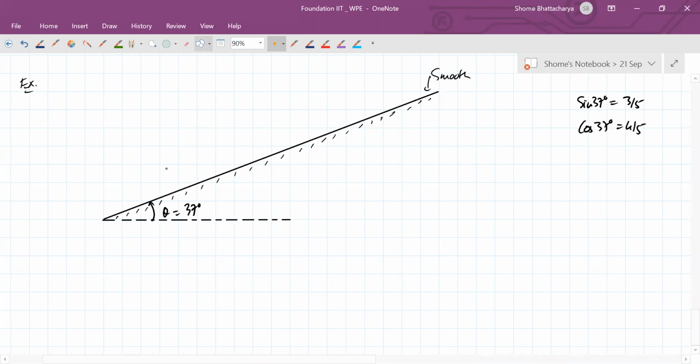Okay, now what we have is there is a block which is initially at rest over here. So we have a block of mass 5 kilograms, which is at rest initially at t equal to 0.